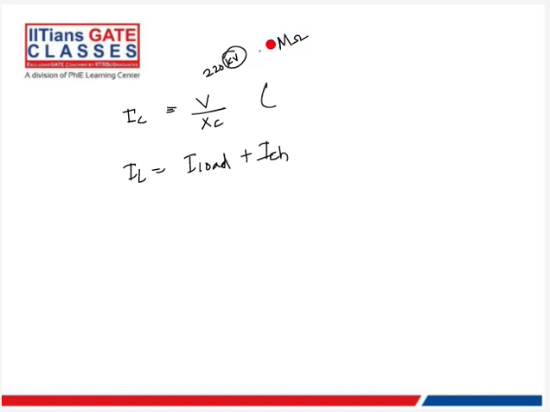So at the end of the day, IC would be in terms of milliamperes, right? And we saw earlier that usually this IL would be in terms of kiloamperes. So this is very negligible. I'm not saying that it's equal to, but IL is approximately equal to I load, right?